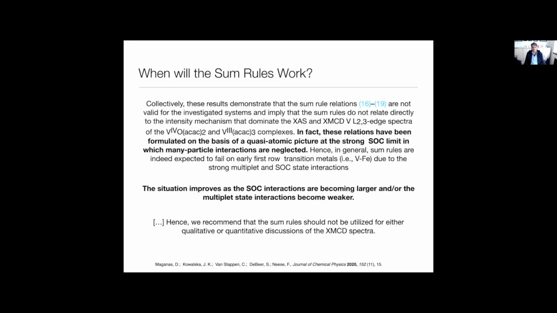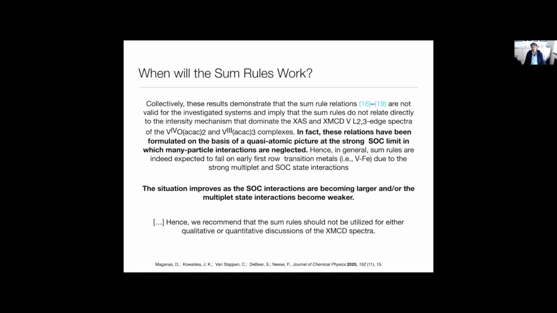And in our experience, that is actually a more general conclusion. What we believe is that the sum rules are not valid. They are derived under assumptions that typically are not met in 3d transition metals. They get much better as you go down in the periodic table.